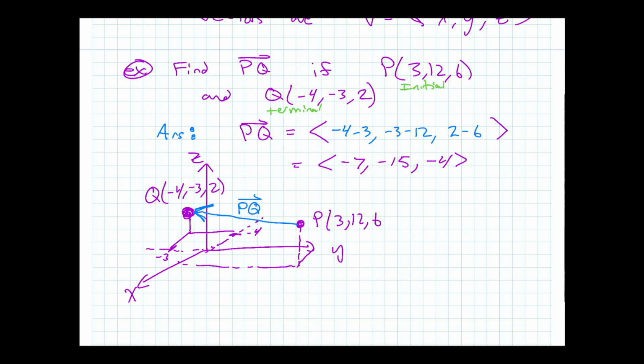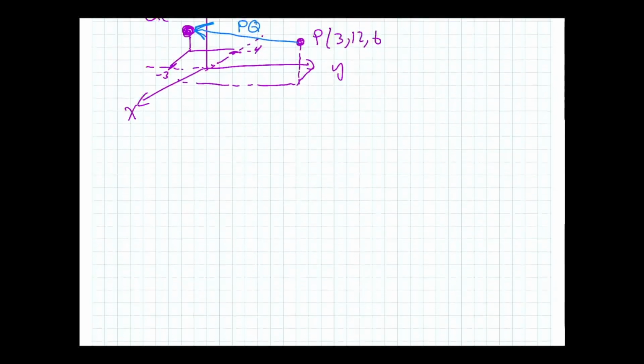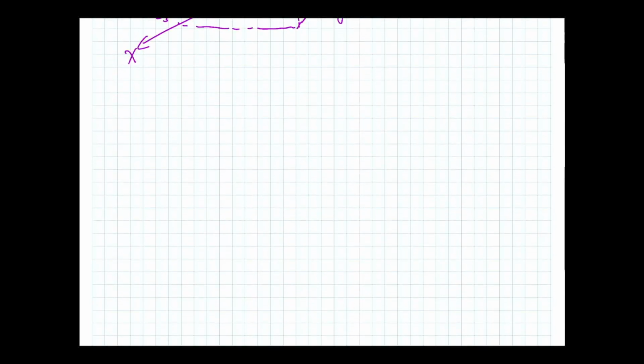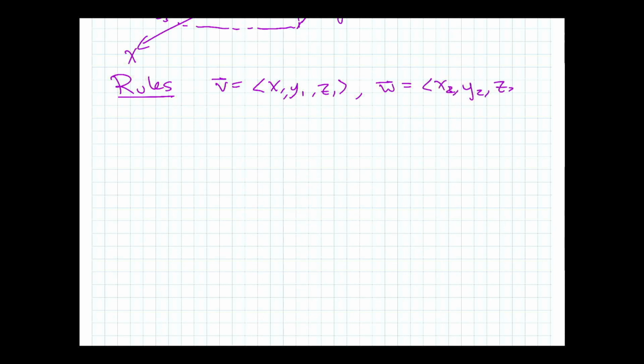Let's write out the formulas so you can have them written. I need to post a typed up handout with this stuff, but rules for vectors. So we've got a vector v now, <x1, y1, z1>. We're going to have a vector w, <x2, y2, z2>.